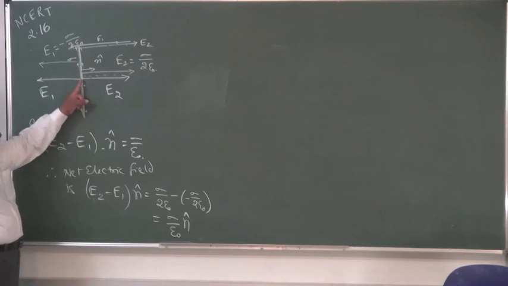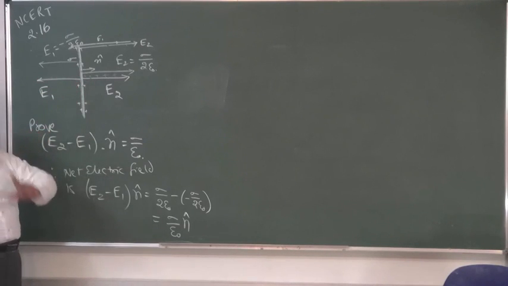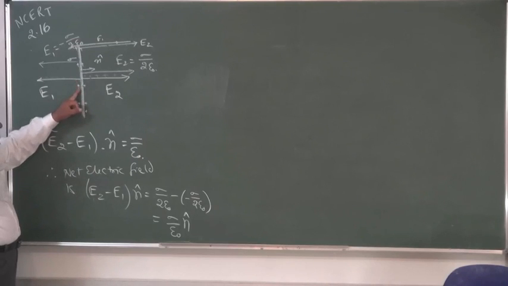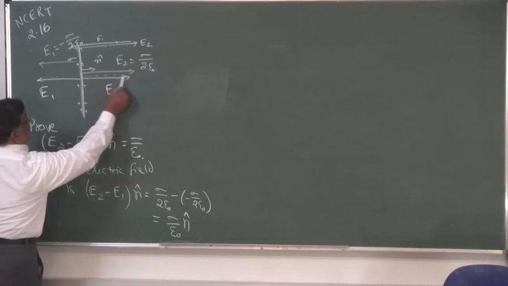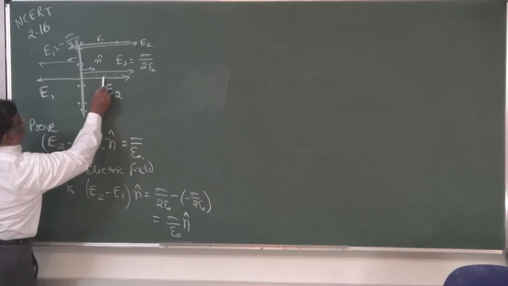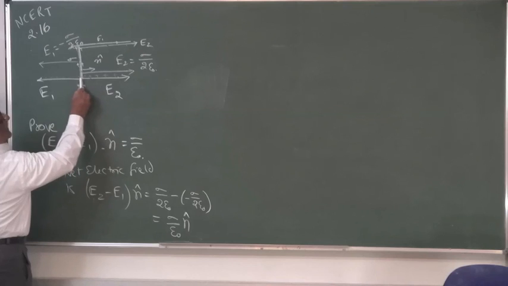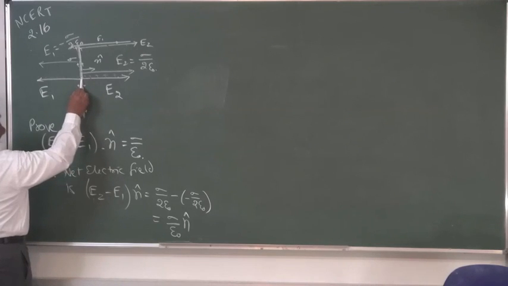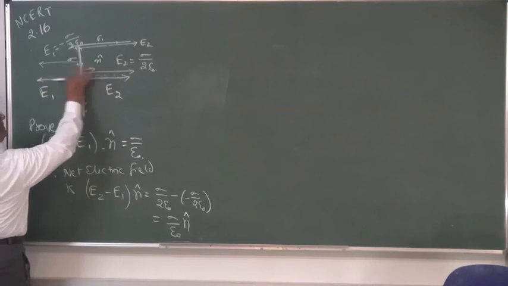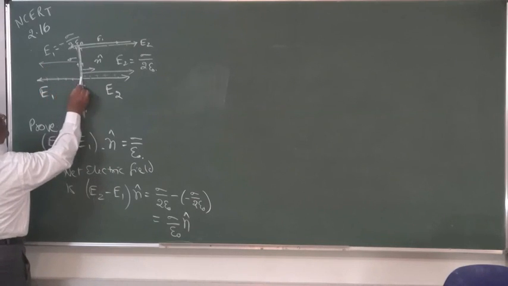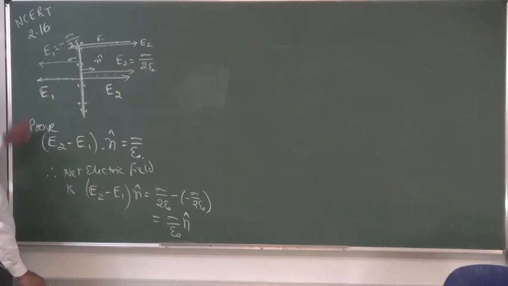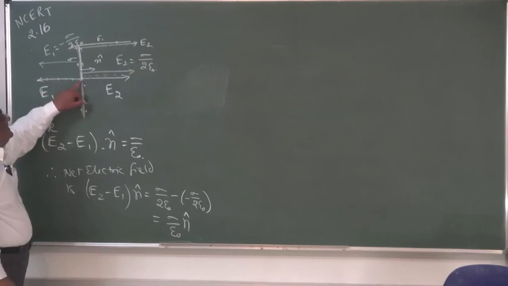Negative, positive. At the center it has to be 0. After that these charges start electric field on this side. Here these charges start electric field on this side. That means this electric field is present here, present here, present here, but it is not present here. Similarly, this electric field in this direction is present here, here, here, here, but not present here. That means this electric field ceases to be here.